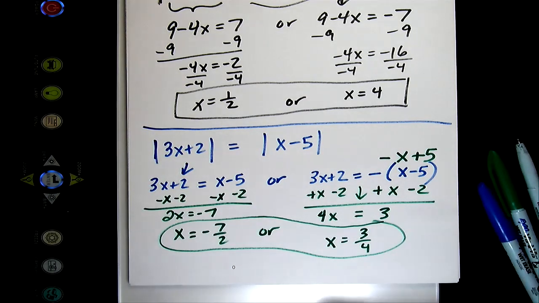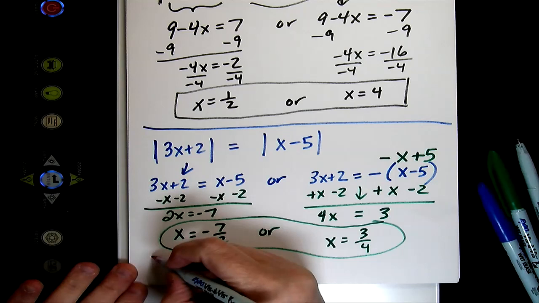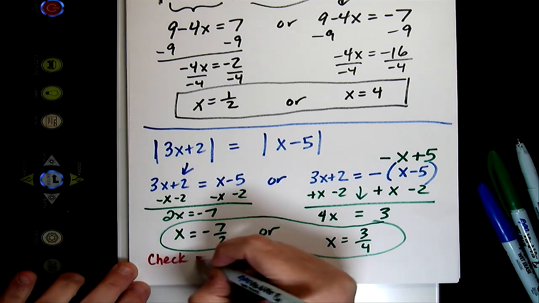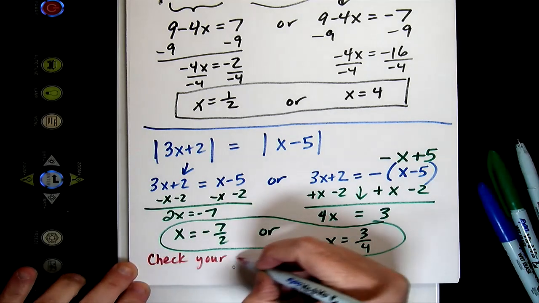How can I be absolutely that confident that I have the right answer if I'm taking the test? I can plug it in. Check your work by plugging into the original equation.